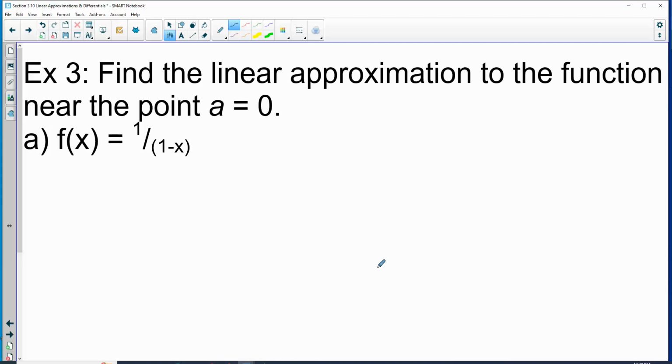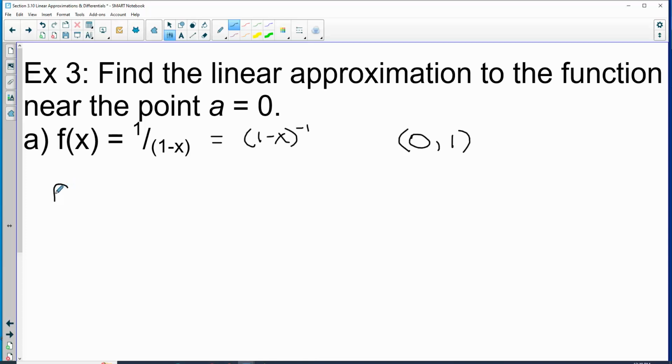Okay, well, if we're going to write the equation of a line, we need a point and a slope. So my point, the x value of this ordered pair is 0. If I plug 0 into my equation, we get 1. Alright, 1 over 1 minus x for the derivative. I could write that as 1 minus x to the negative 1 power.